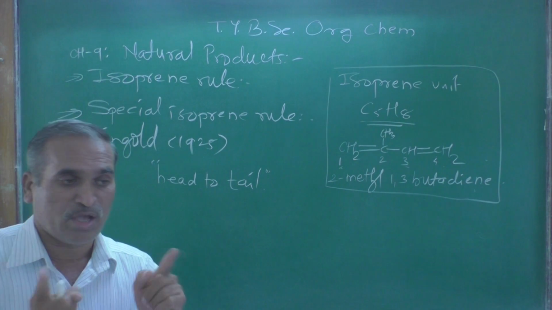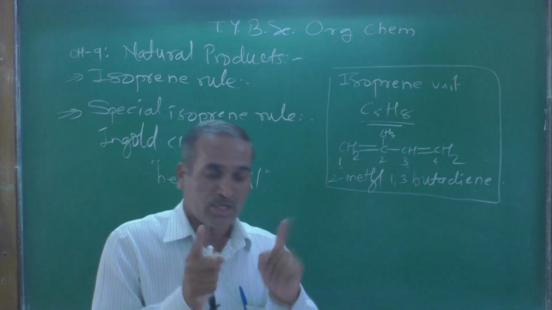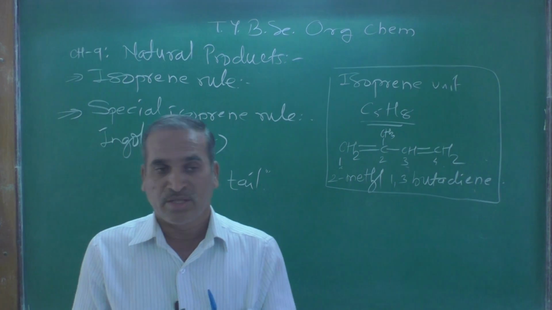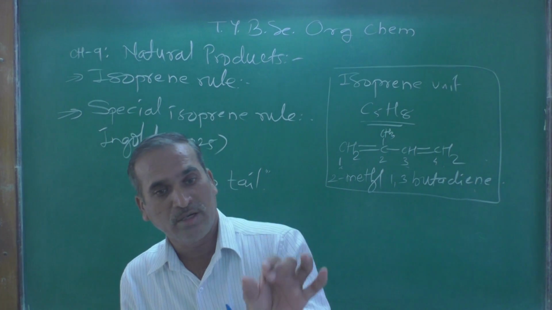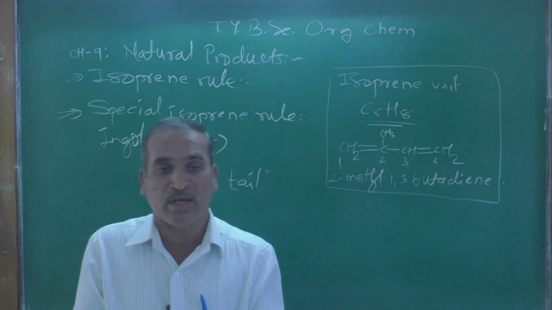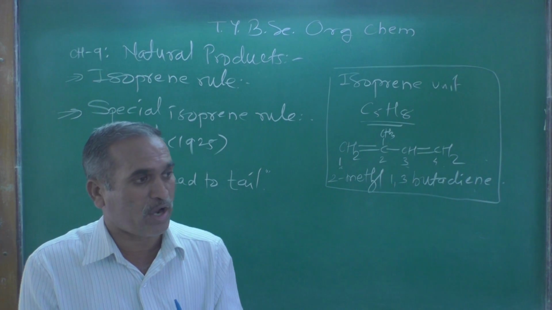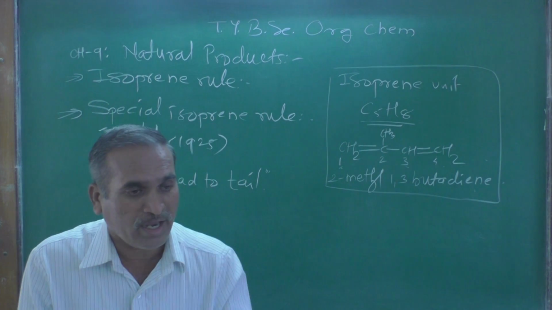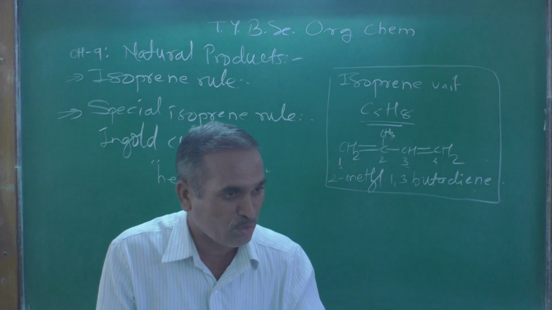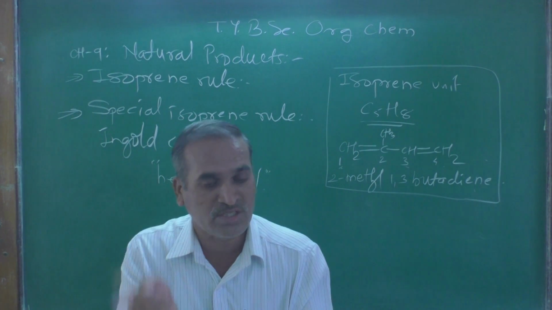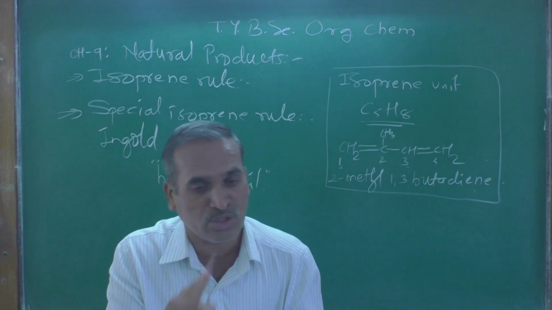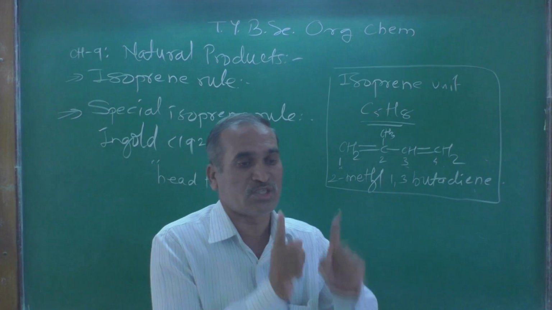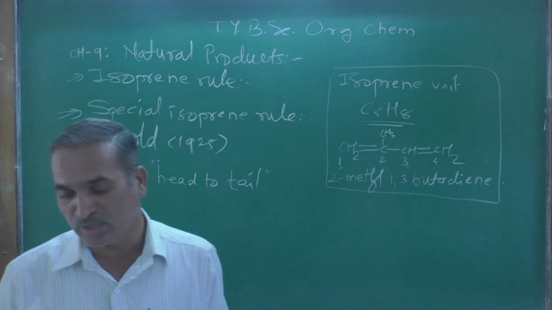And special isoprene rule means Ingold in 1925 pointed out that the naturally occurring terpenoids were joined head to tail, that is, the head of one isoprene unit is attached to the tail of the next unit, and this is known as the special isoprene rule.